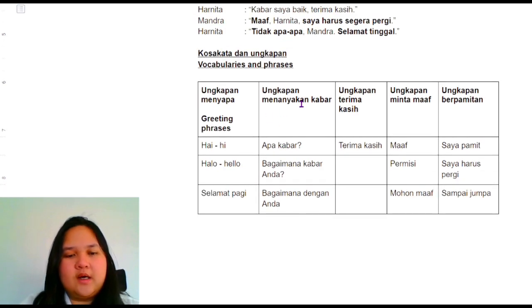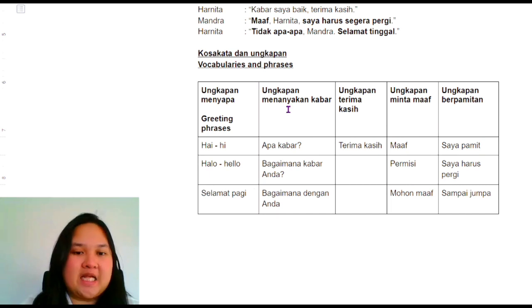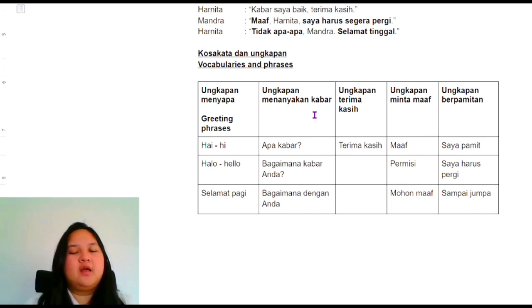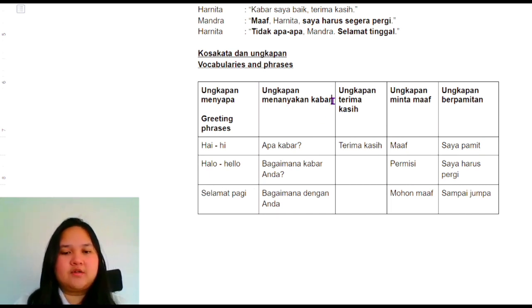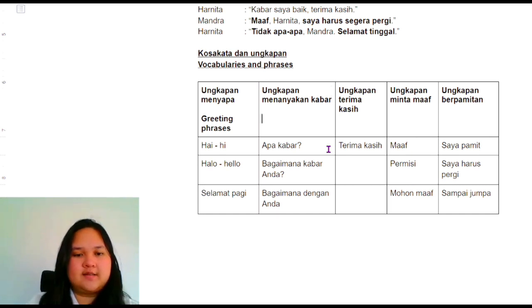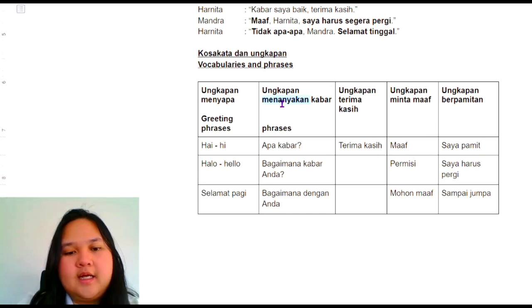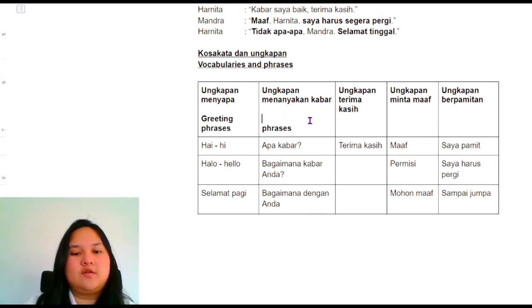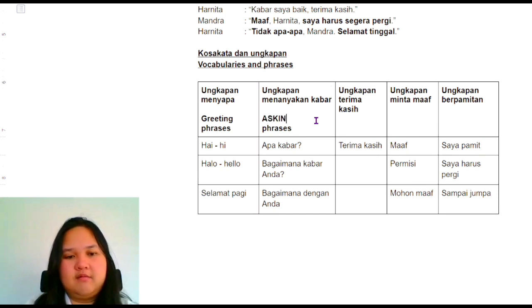And then the next column, we have ungkapan menanyakan kabar. So it's another kind of phrases. What kind of phrases is it? Menanyakan is to ask, and kabar is news. So asking the news phrases.